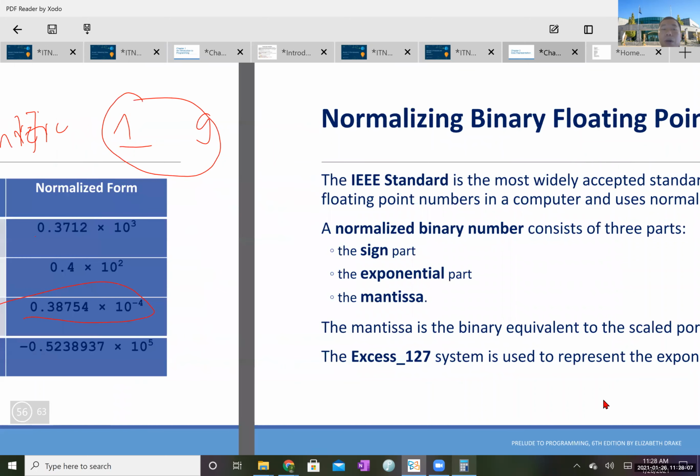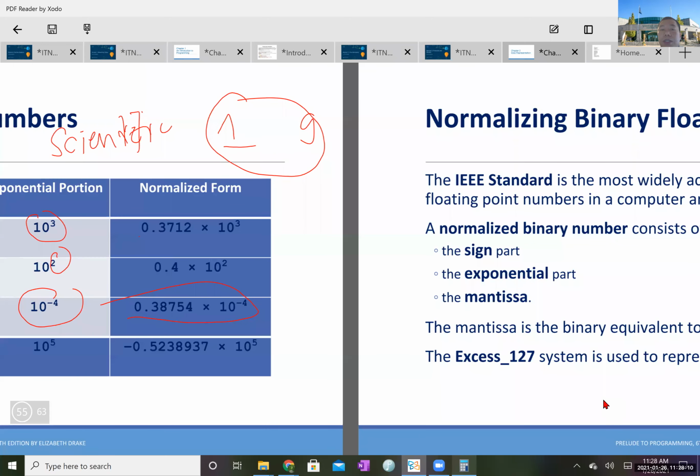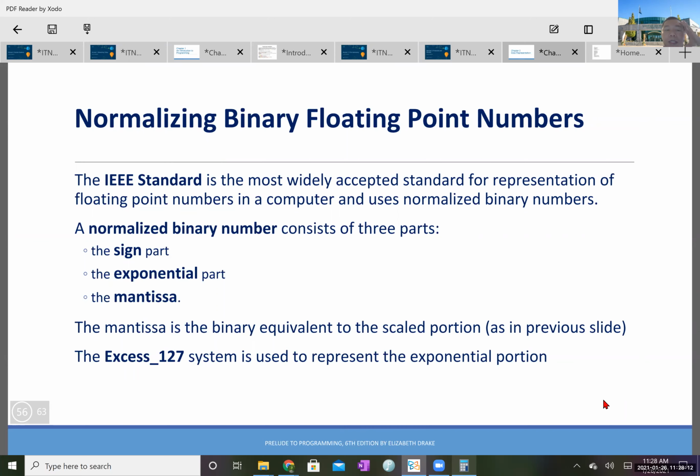So how does it work with binary? How do we work with the normalized binary floating point? Basically, for the normalized binary number, you also have 3 parts: the sign, the exponent, and the mantissa. The mantissa is binary.